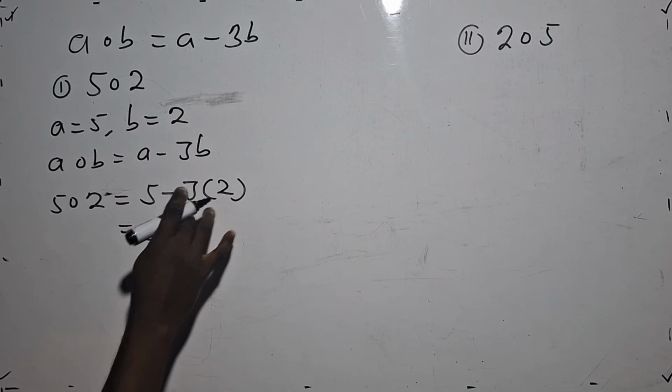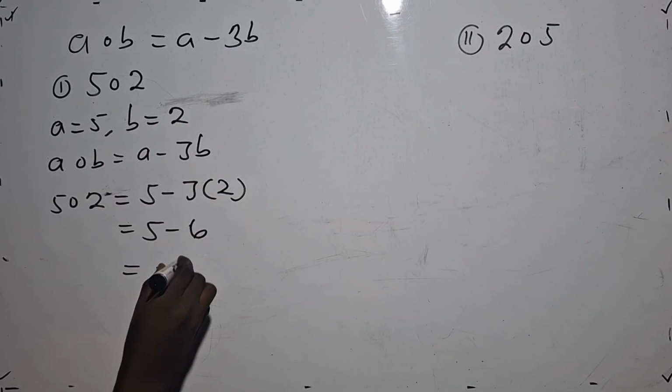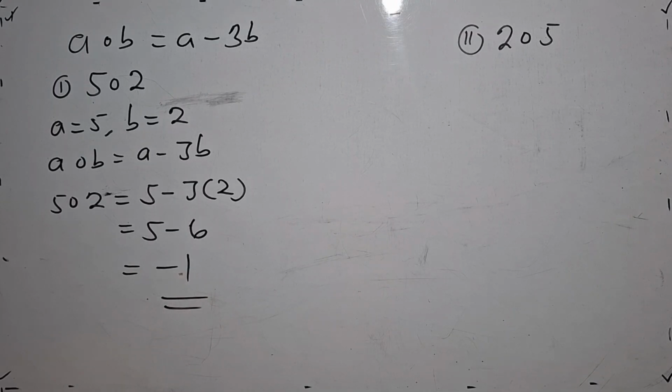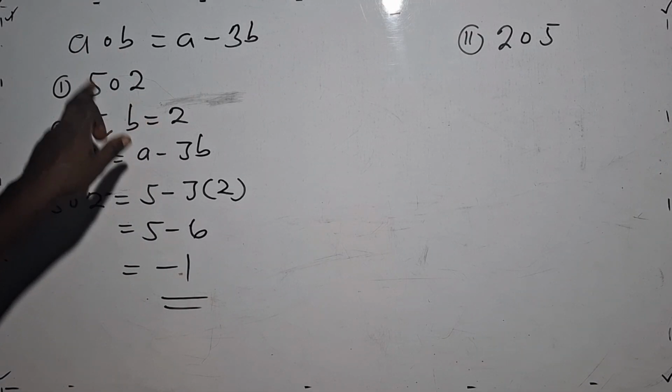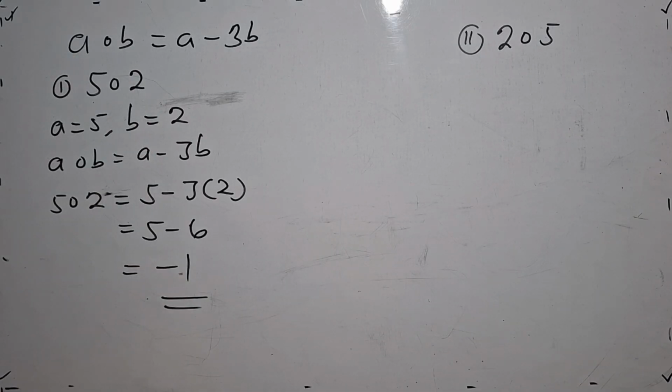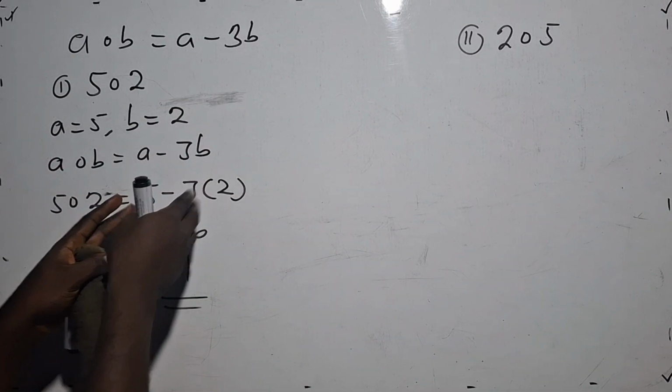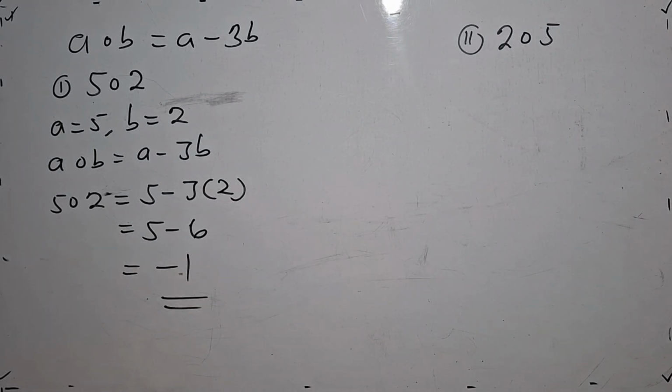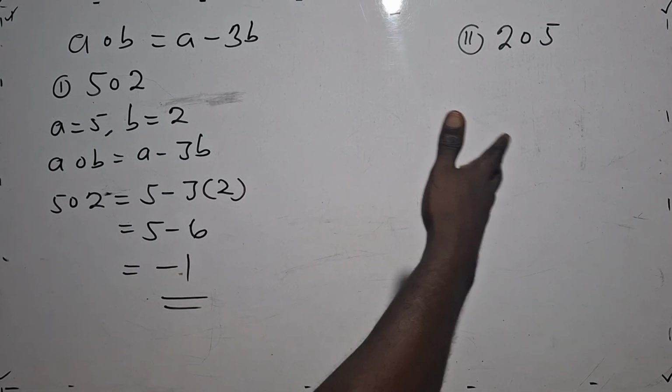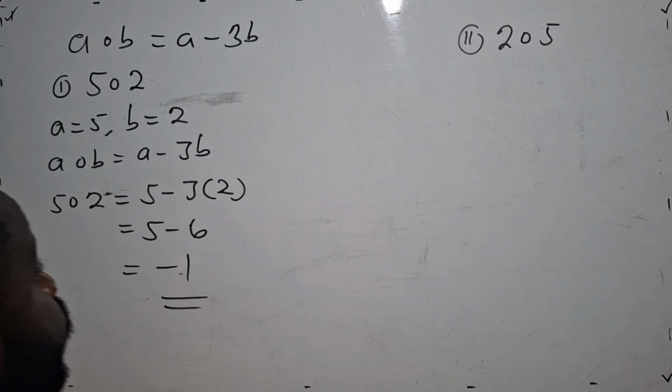So I'll have 5 minus 3 times 2, which is 6, giving me negative 1. This is how we simplify this one. 5 is A, then the B is 2. We follow the rule, combined it with a new rule, and have obtained a new set of answers. So we are moving on to the II, which is 2 operation 5.